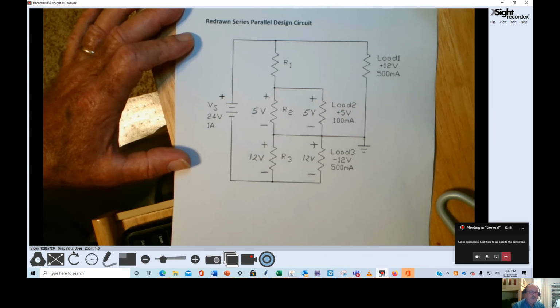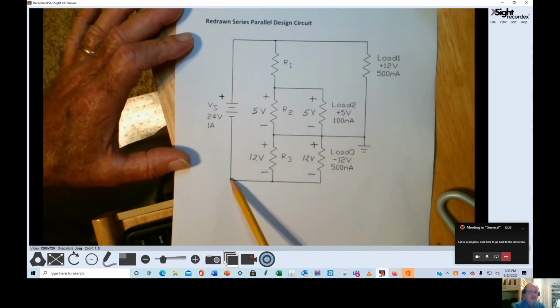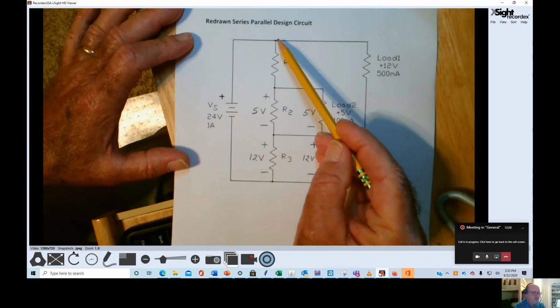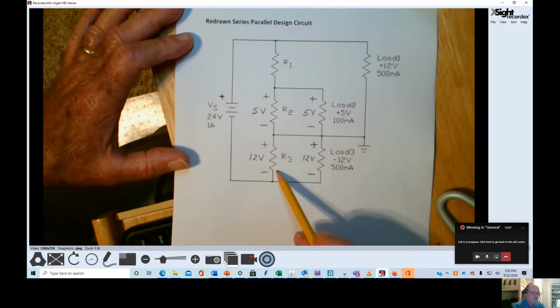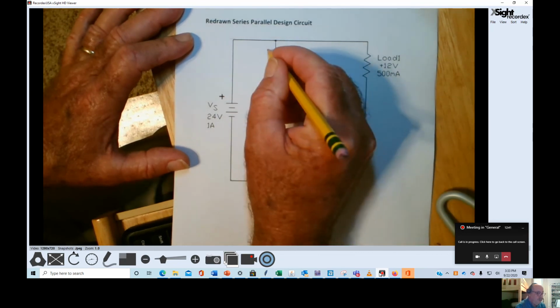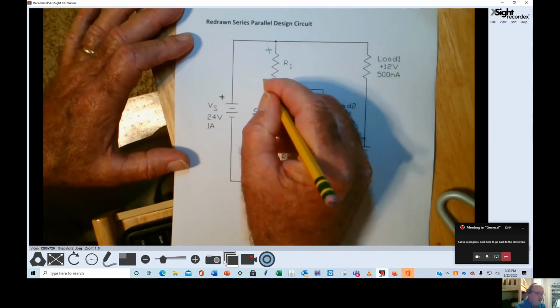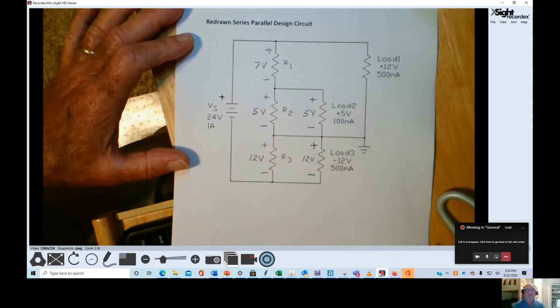It really doesn't matter which approach we take, but we know that the voltage from here to here is 24 volts. Therefore, the voltage from here to here must also be 24 volts. And if this voltage is 12 volts and this voltage is 5 volts, then the voltage across R1 must be 7 volts.